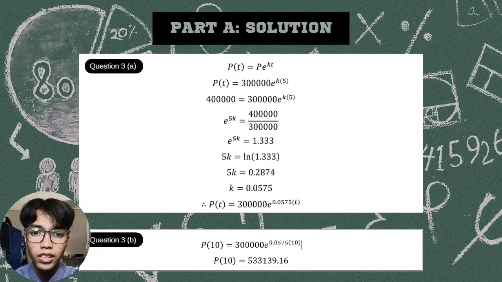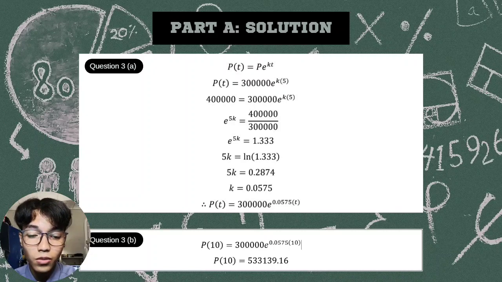Now the equation is 5k equals ln of 1.33. Then the answer is 5k equals 0.2874. After that, we divide 0.2874 by 5, and the answer is 0.0575. Now the final answer is Pt equals 300,000 people multiplied by e to the power of 0.0575t. That's it.